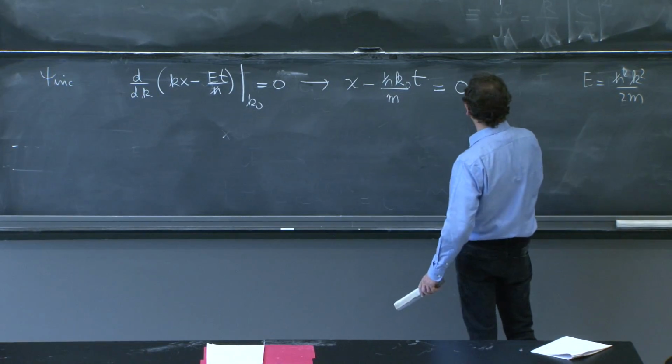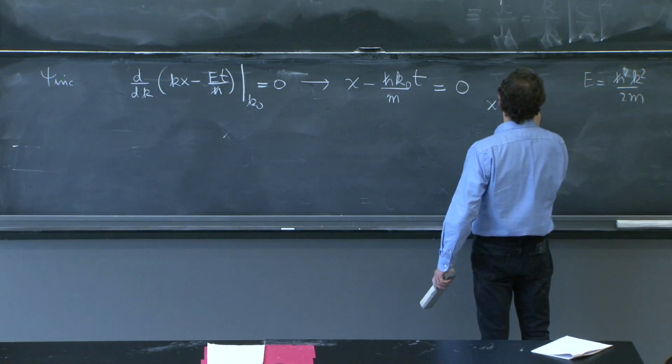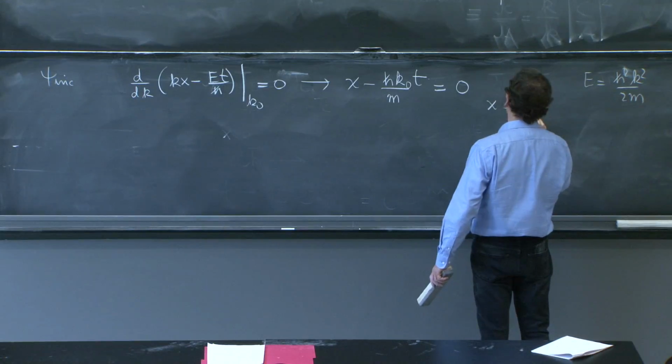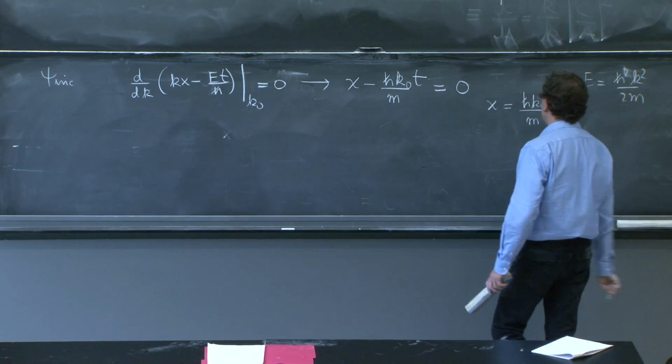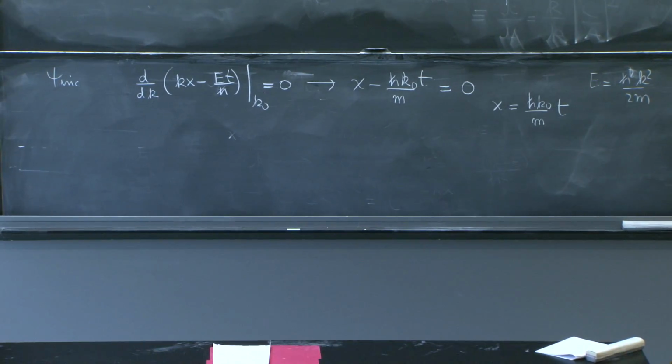So this will be x equals h bar k naught over m times t. That's where the incident wave is propagating.